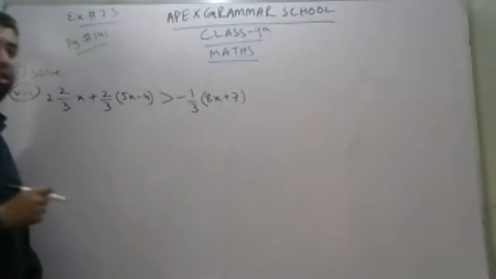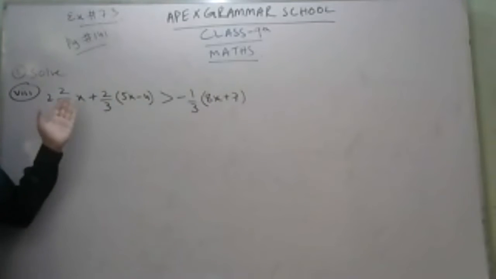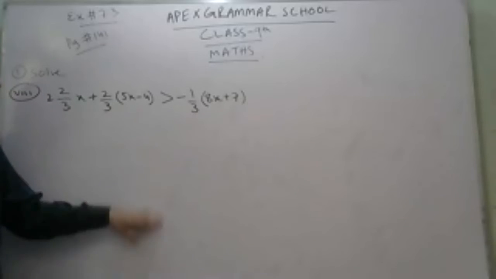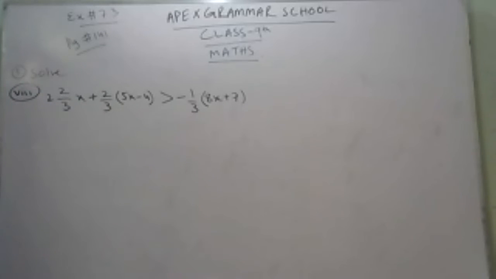Now you can see that there is a denominator 3 everywhere, so you need to abolish that 3. You have two options.